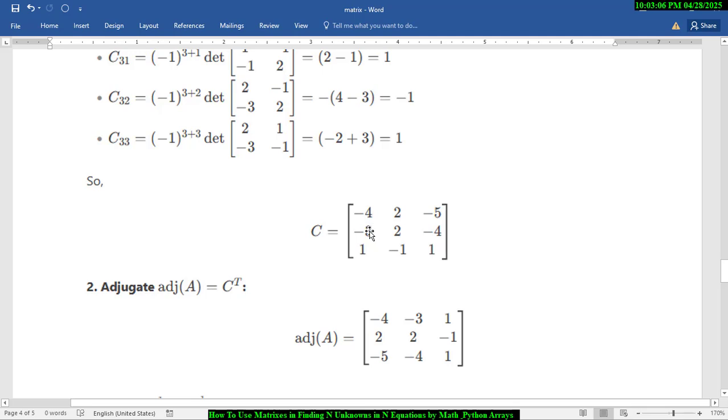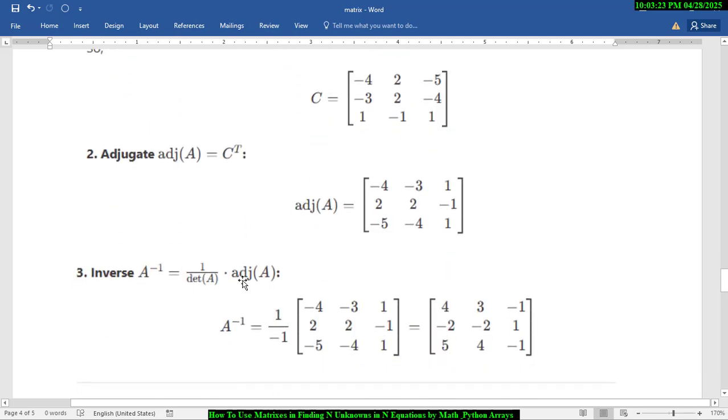So reverse 2 by minus 3, 2. Reverse minus 5 and 1, 1 minus 5. Okay, reverse minus 4 here, minus 1 here, but the diagonal is the same. This is the adjugate of A, which is C transpose.